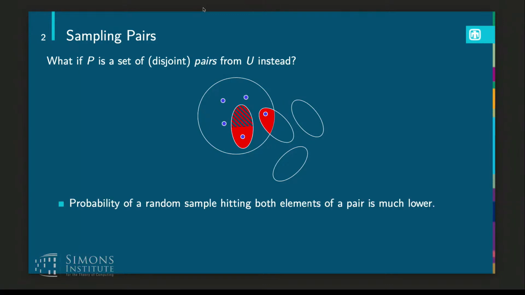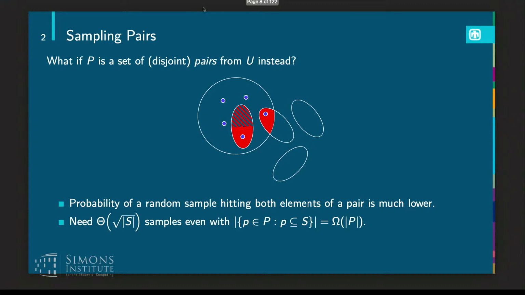And so solving this with a trivial sampling argument is going to be quite a bit harder because the probability that your random sample from S will include both elements of some pair in P is going to be a lot lower.